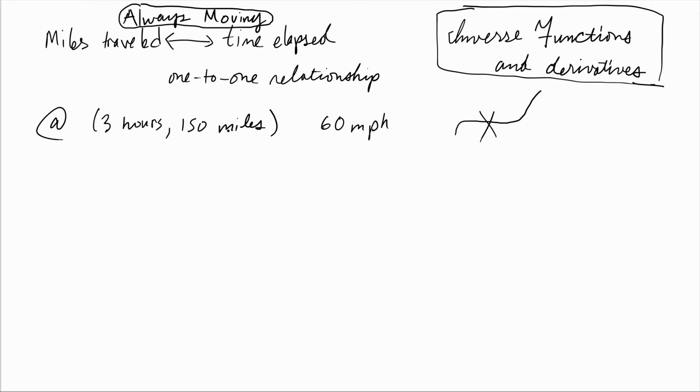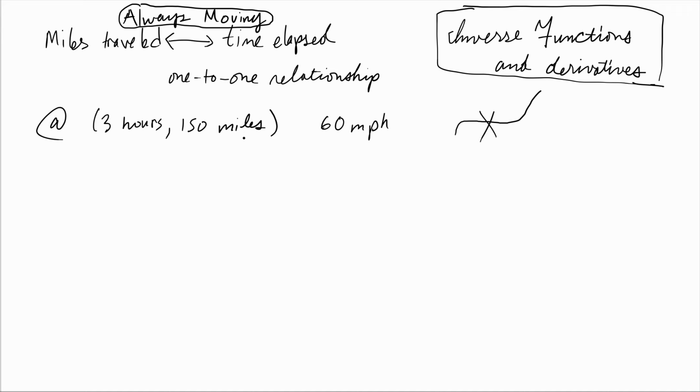So let's suppose in a given situation we're traveling, and maybe 3 hours have elapsed and we've traveled 150 miles. So on average that's like 50 miles every hour. But depending on what kind of thing we're going through or whatever else, but assuming that we've actually never stopped even once and are moving along.